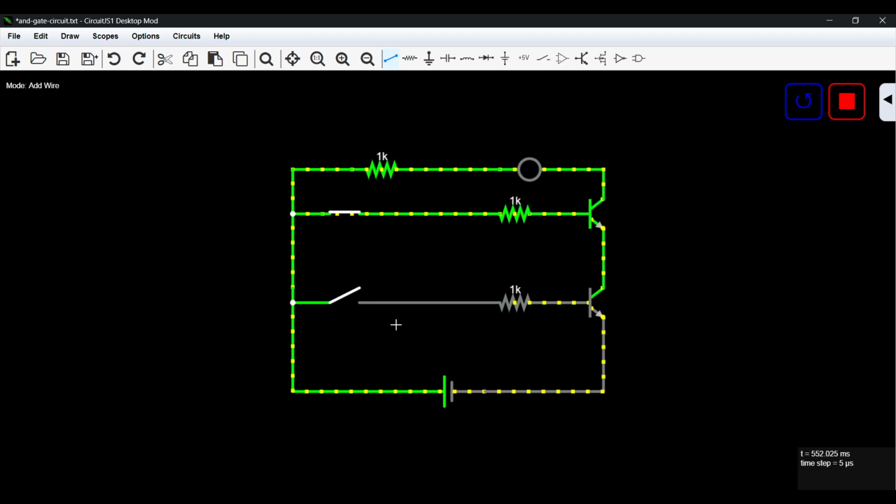And even if I interchange like this, it's the same. Electrons flow over here, they come over here, flow over here. Since the base is not activated here, electrons do not flow from this.